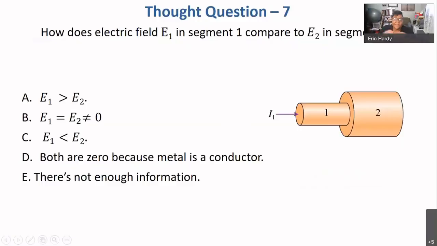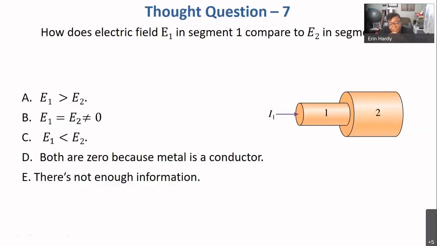Now, finally here, the electric field in each of these wire segments. I know that the currents are the same, but the current densities are not the same. So if I want to compare the electric field strength E1 to E2, I can either say there is not enough information, they're both 0 because metal is a conductor, or one of my first 3 choices is correct.